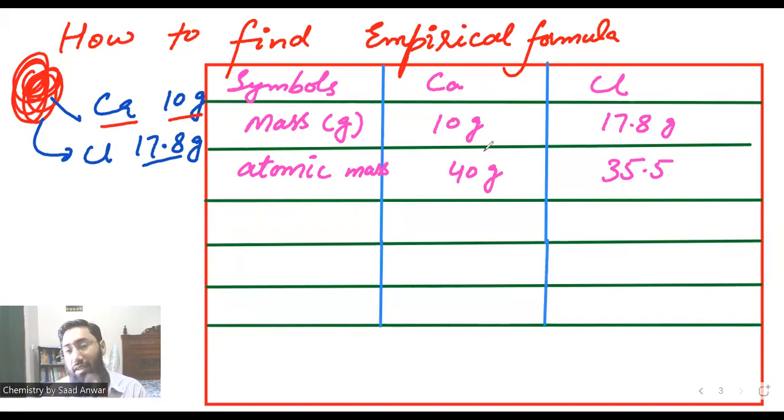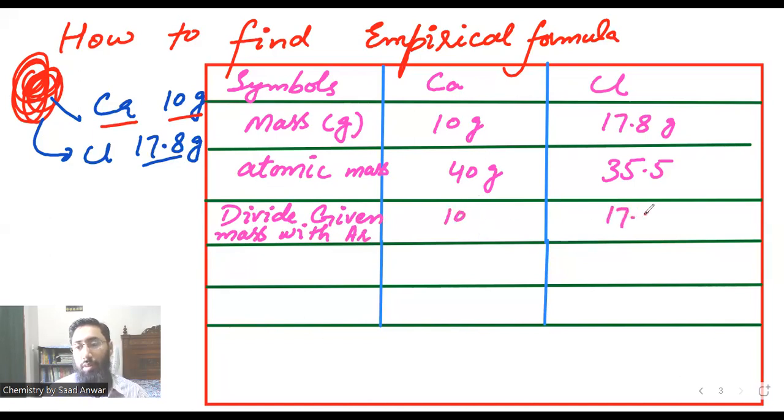So finally, the next step is to divide the given mass by the atomic mass. AR means here relative atomic mass. The given mass is 10 gram and 17.8 gram.